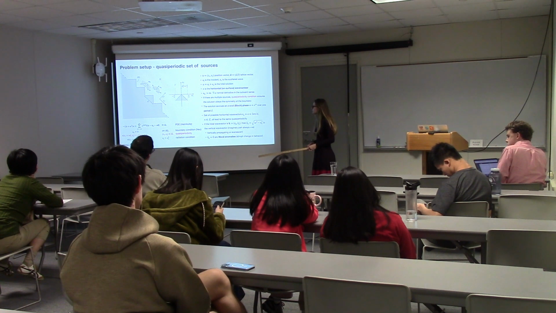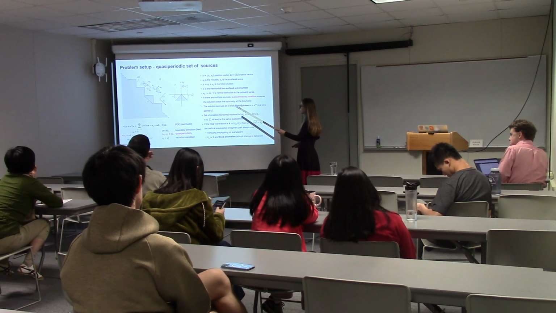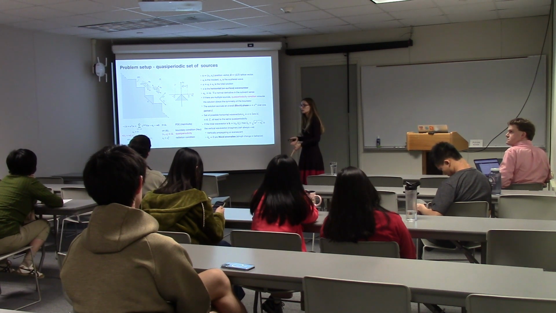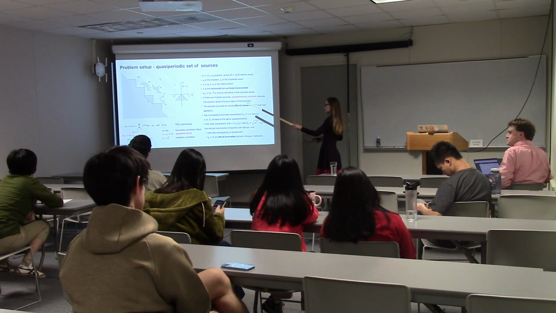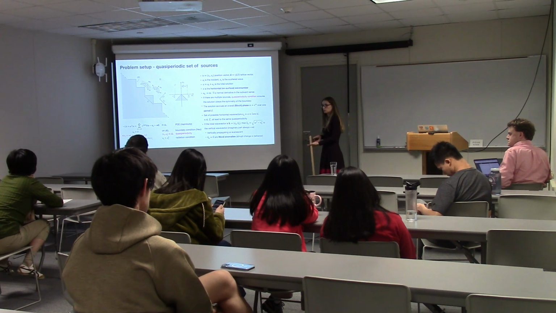Because of quasi-periodicity, there are several kappas that lead to the solution looking the same. If I were to change it by 2πn over D, the solution would look exactly the same.